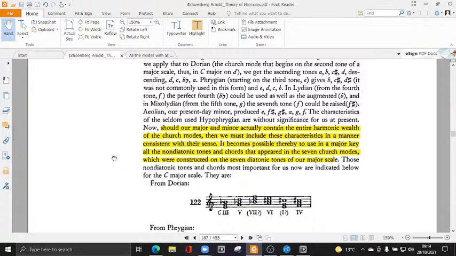Why? Because remember that with the modes we have two major divisions: the minor modes and the major modes, in which you have three of each, where the Aeolian is the captain of the minor modes, and the Ionian is the captain of the major.